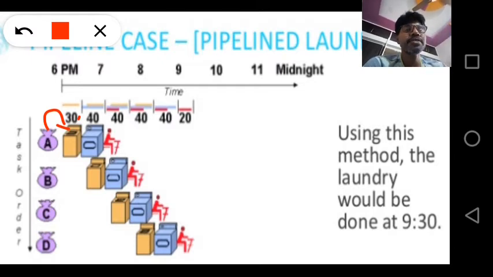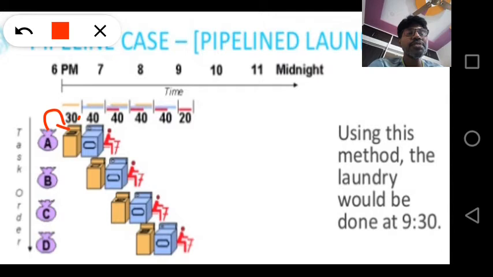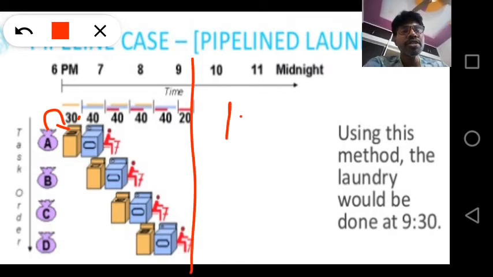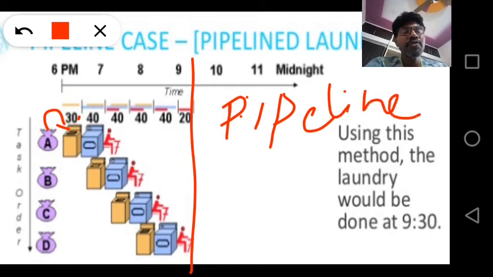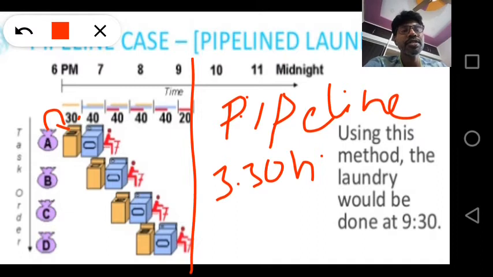The second one will continue when the first one is drying. Similarly, the third one will continue. Using this method, the laundry would be done by 3.5 hours. See here, with the pipeline architecture, the load will be finished after 3:30 hours. That means after 210 minutes.